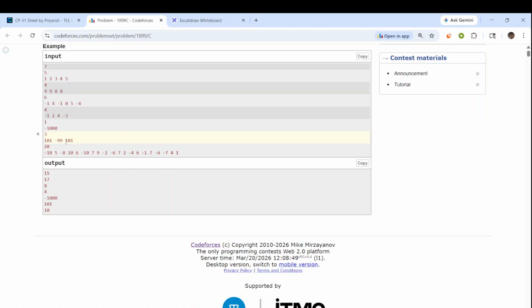So then I'll come here. I'll check the parity with the next element. If parities are matching, then go to the next one. Then take its full sum. My loop will run for n square.